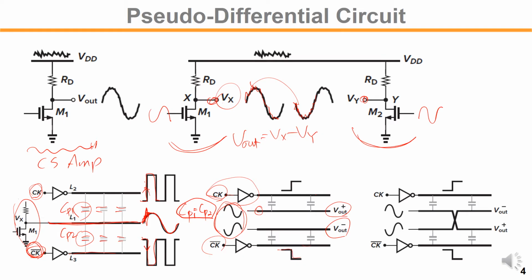In that case, even though the coupling capacitance is the same for CP1 and CP2, the Vout plus side will see, for example, a rising edge noise coupling, and the Vout minus side a falling edge coupling. If you take the subtraction of those two, we still have noise seen here.